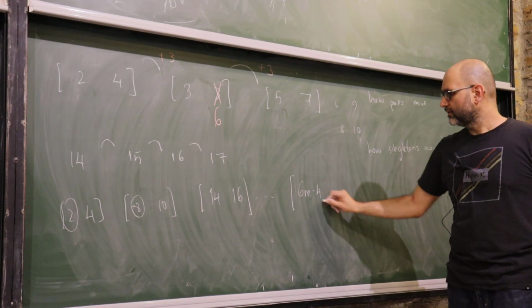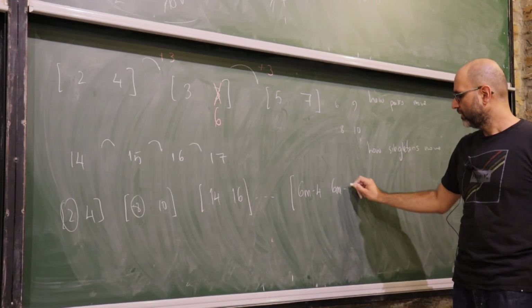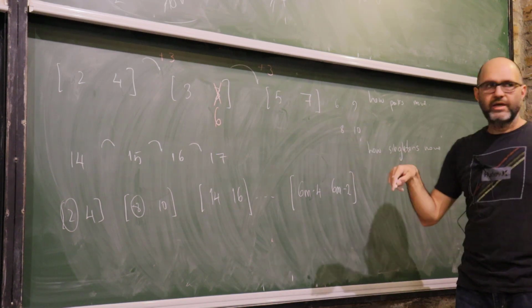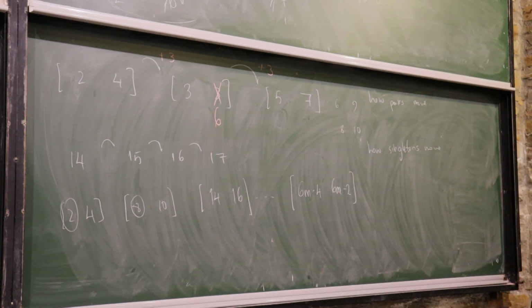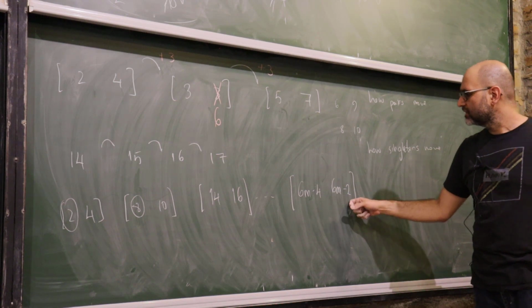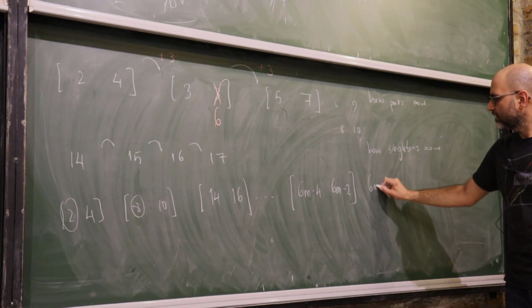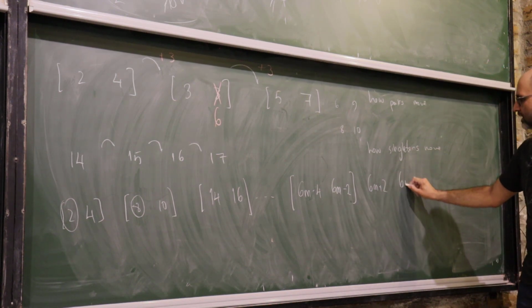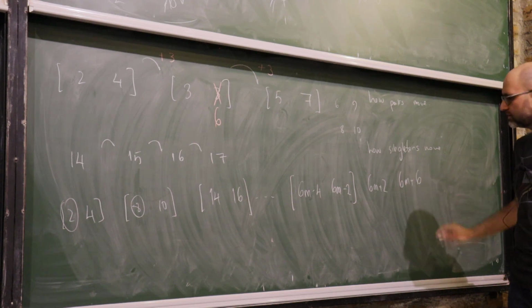6m minus 4, 6m minus 2, they are going to be the pairs. You cannot move them anymore backward. This is the tightest configuration, the smallest configuration you can have. After 6m minus 2, you can continue with 6m plus 2, 6m plus 6.